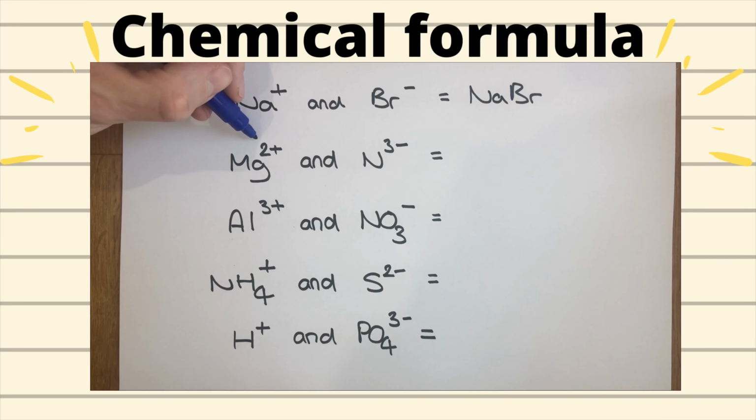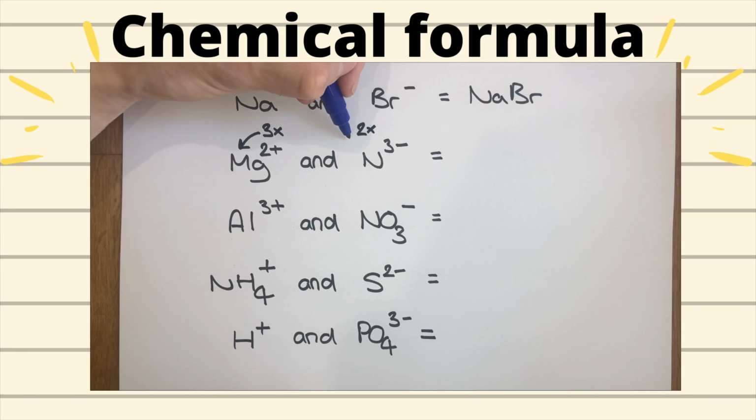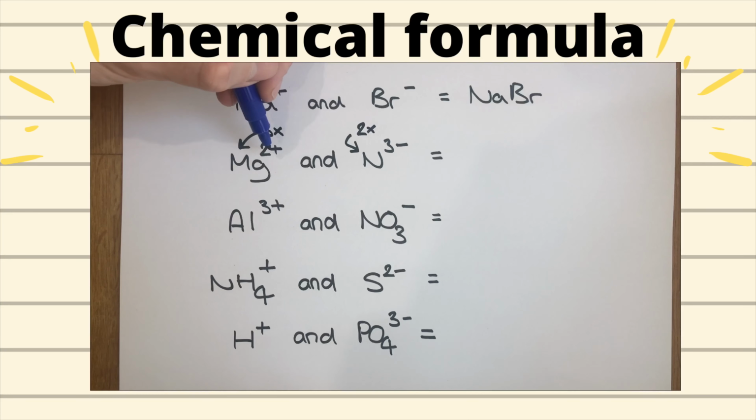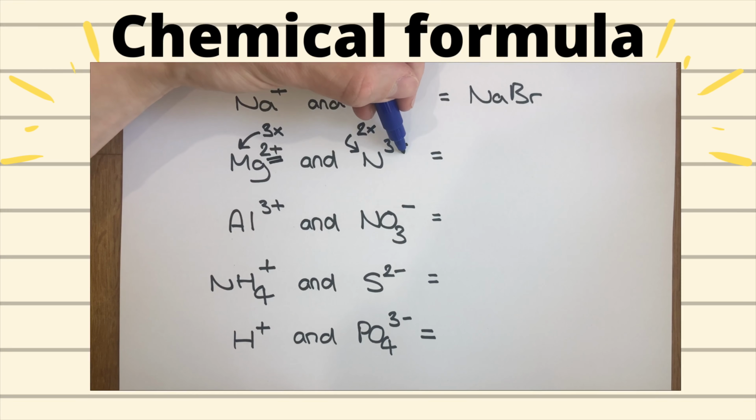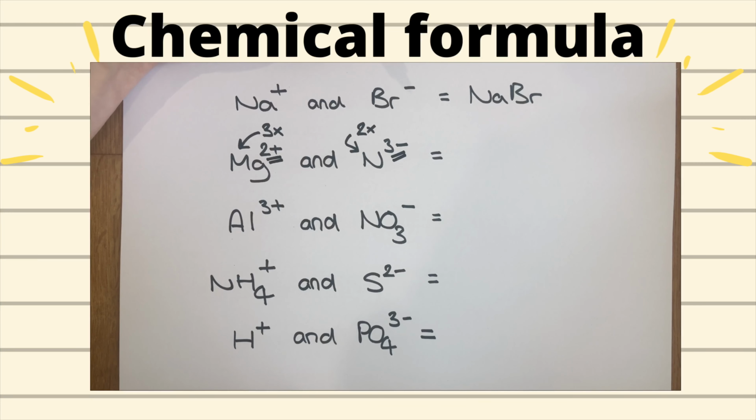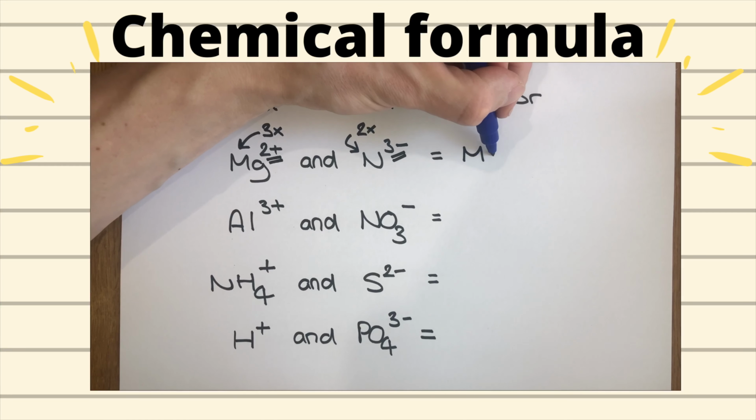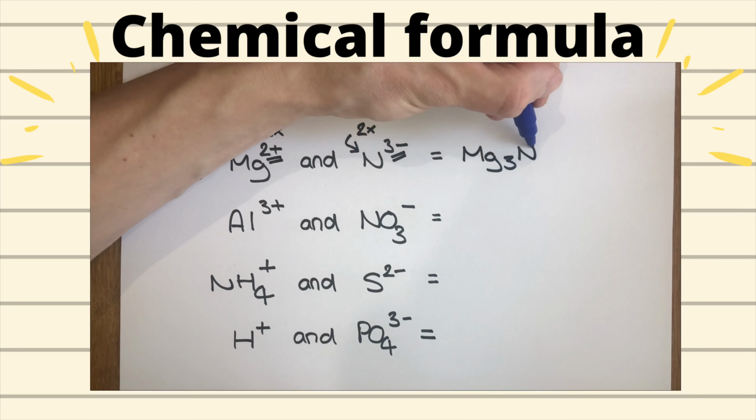So what I need to have are 3 lots of the magnesium 2+ and 2 lots of the nitride, because the common multiple between the 2 and the 3 is going to be 6. So my formula over here is going to be Mg3N2.